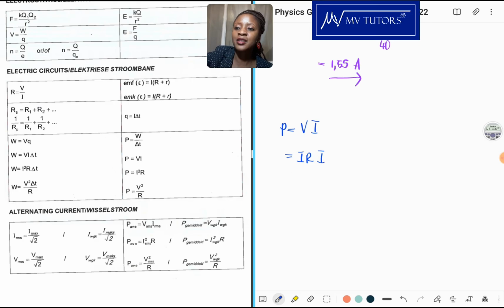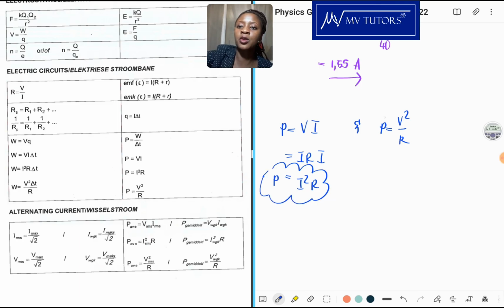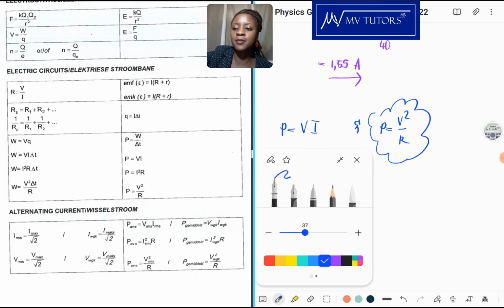Then we have I squared R, and we also have power is equal to V squared over R. So this is what we're focusing on. I'm going to look at two of them because either way we should get the same answer.